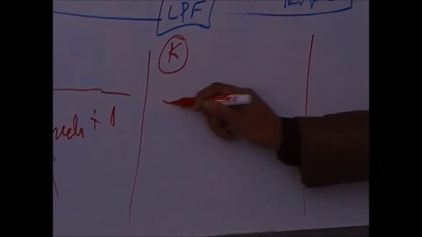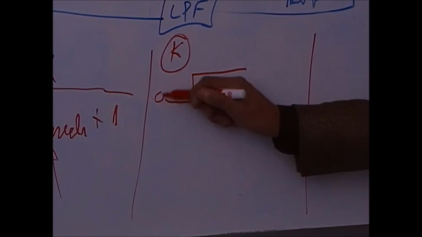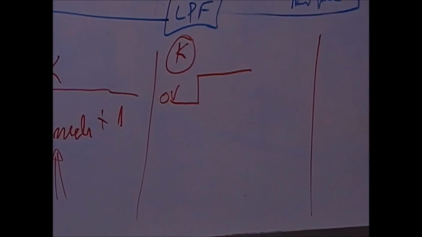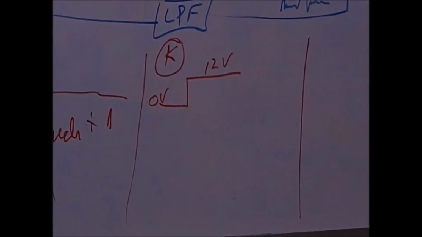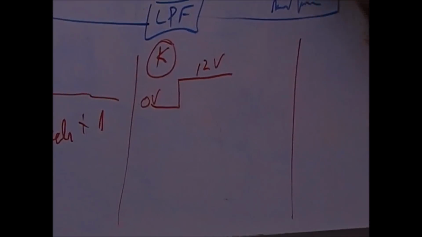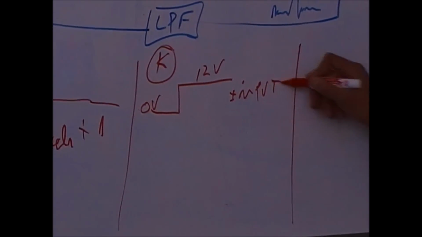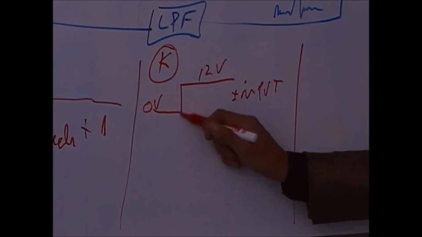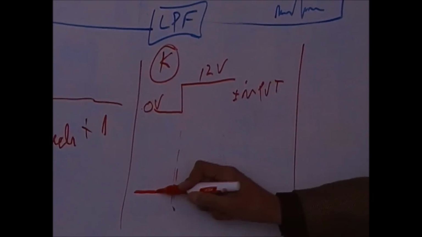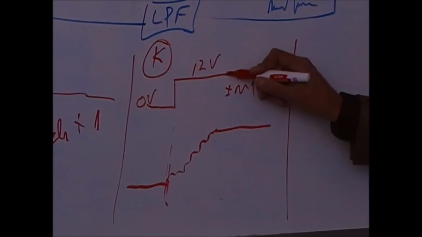Suppose that I apply a voltage. For example, the voltage is 0, and if that motor is a 12 volt motor, I apply 12 volts here. This is the input. What's going to happen to the motor? The speed is going to do something like this, and at some point, it's going to stabilize.